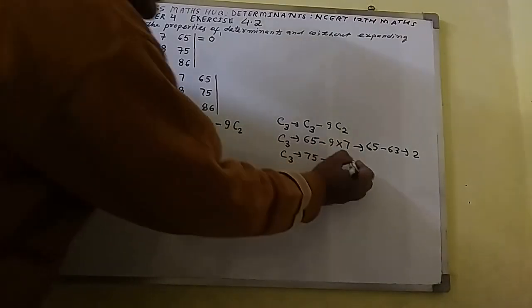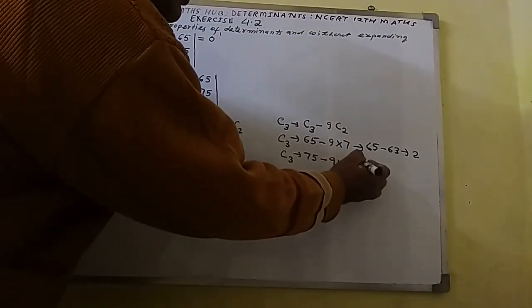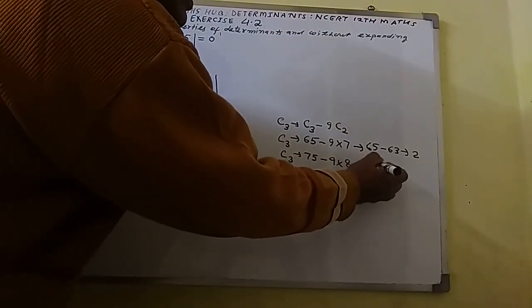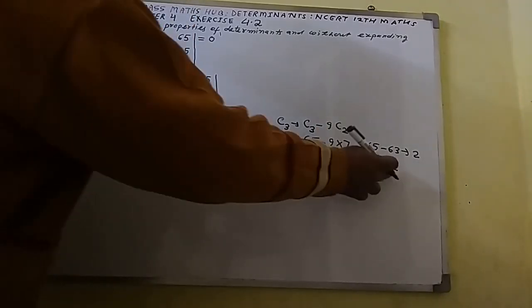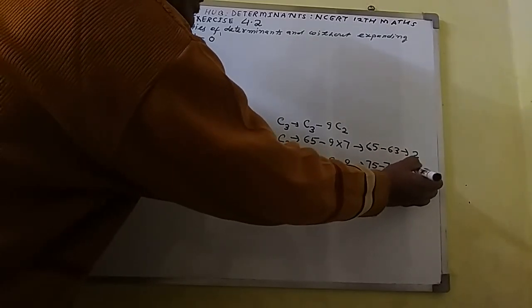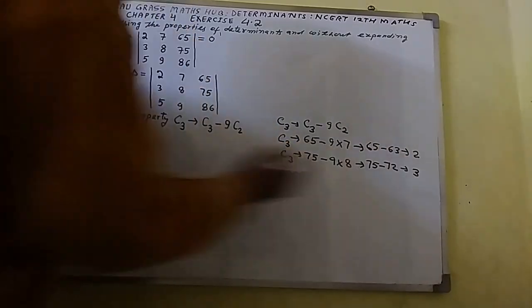So 75 minus 72, and 9 times 8 is 72, comes out to be 3. Write here 3.